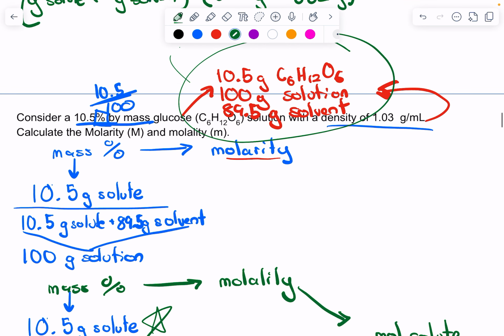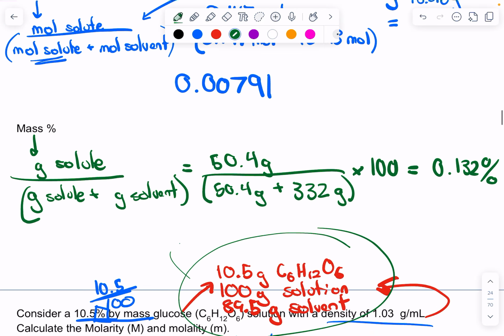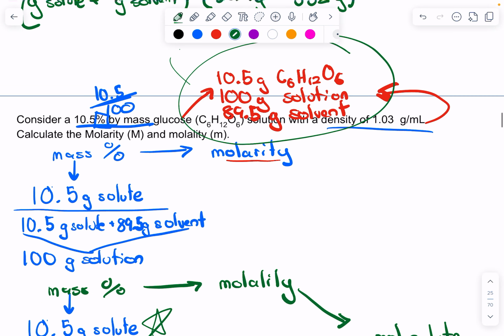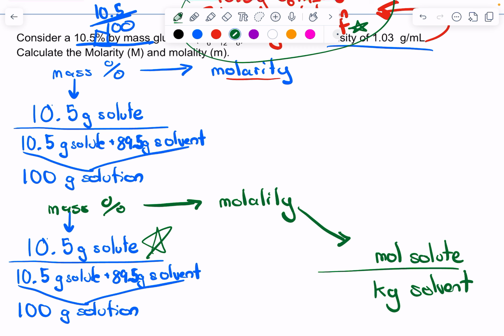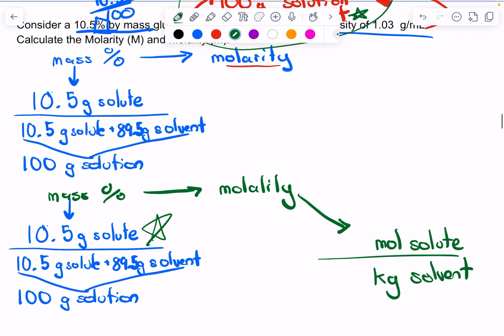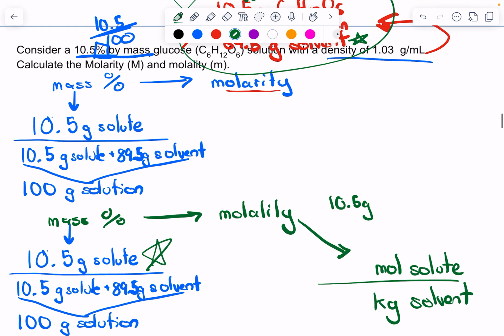Well, it's actually no different now than one of these problems that we did above. We have the grams of the glucose, so we can convert this into moles. And then we have the grams of solvent, so we can easily convert that into kilograms. So I'm going to take the 10.5 grams of glucose, C6H12O6.